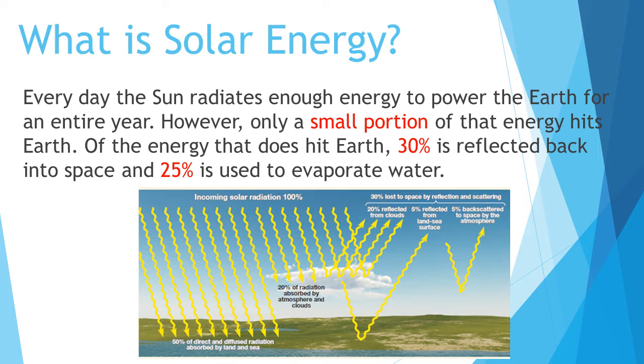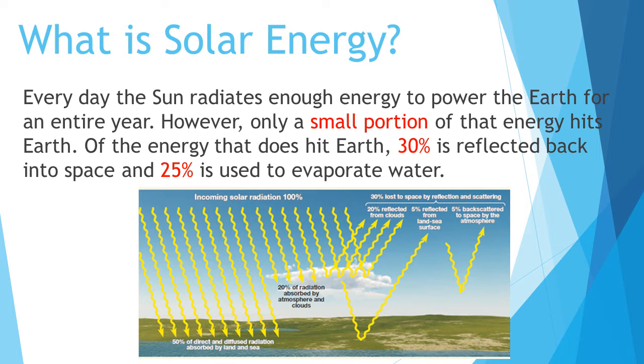However, only a small portion of that energy hits the earth. And of the energy that hits the earth, 30% is reflected back into space. Maybe it hits a cloud and bounces back into space. And another 25% is used to evaporate water, which is good, right?